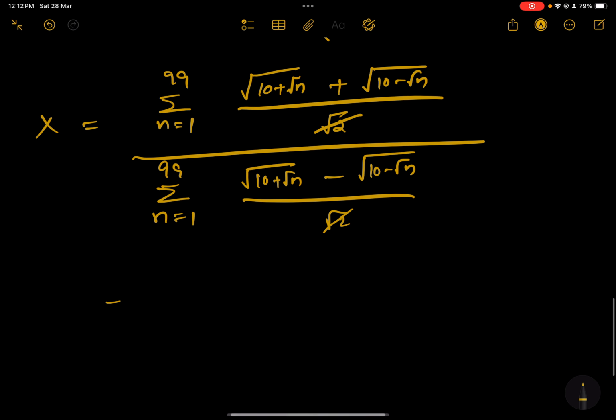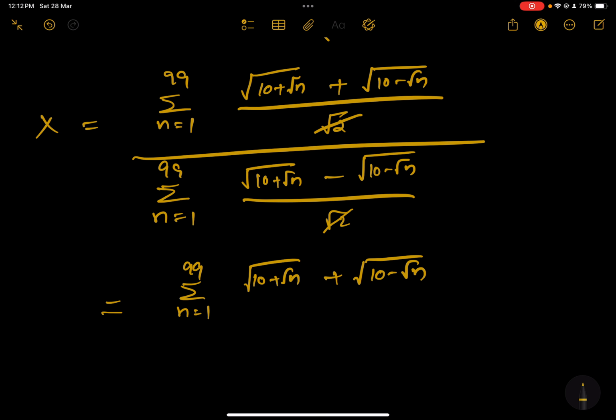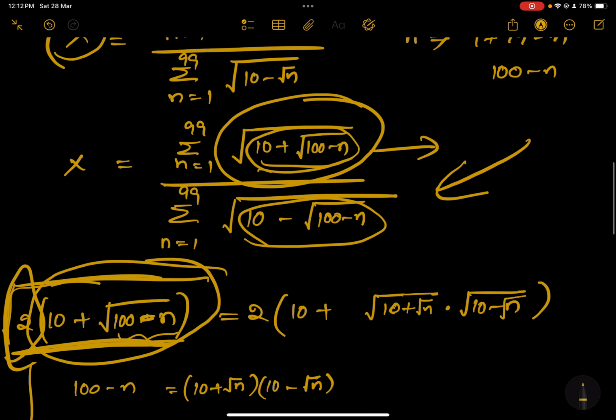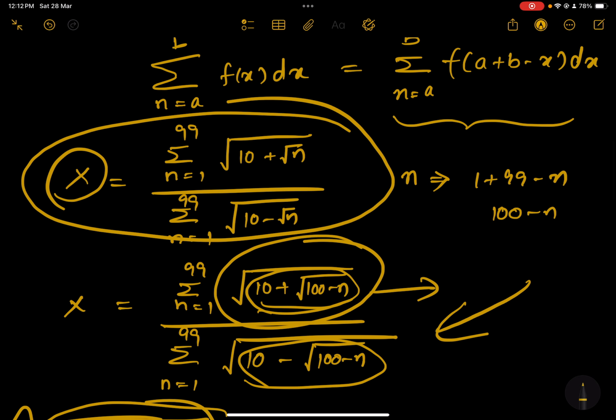So now all we have is, in the numerator, the summation n equals 1 to 99 of root of 10 plus root n plus root of 10 minus root n, upon the summation n equals 1 to 99 of square root of 10 plus root n minus square root of 10 minus root n. This is your x. Also here, this is also x.